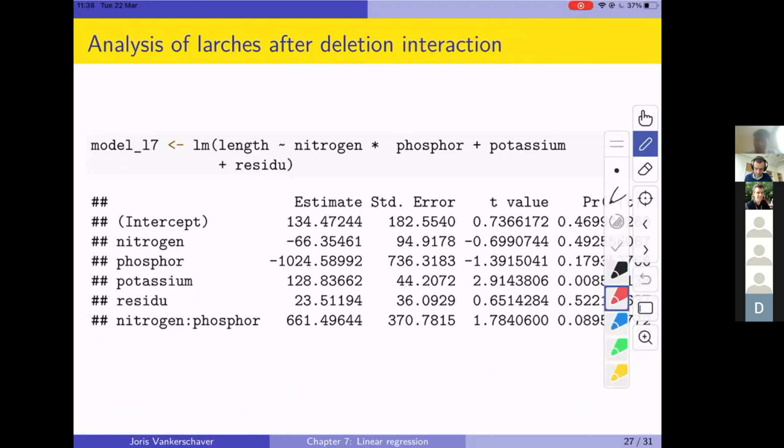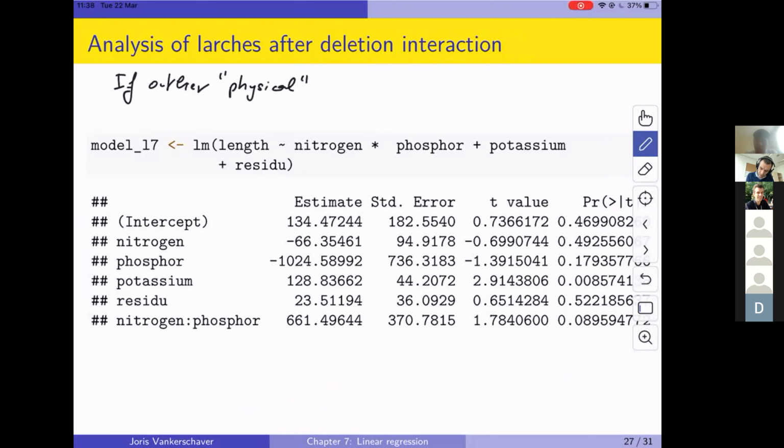So if the outlier is physical, so if there are no reasons to remove it, then consider removing the impacted term.